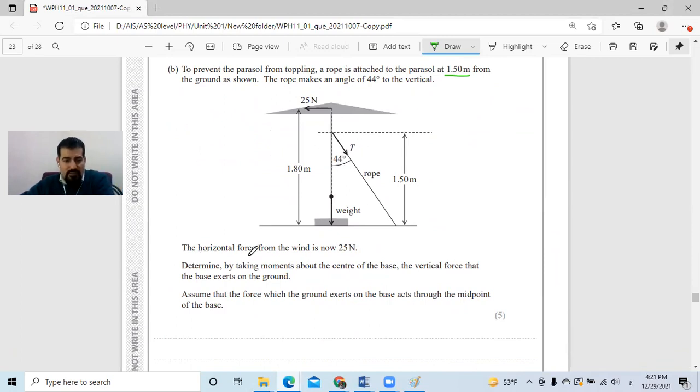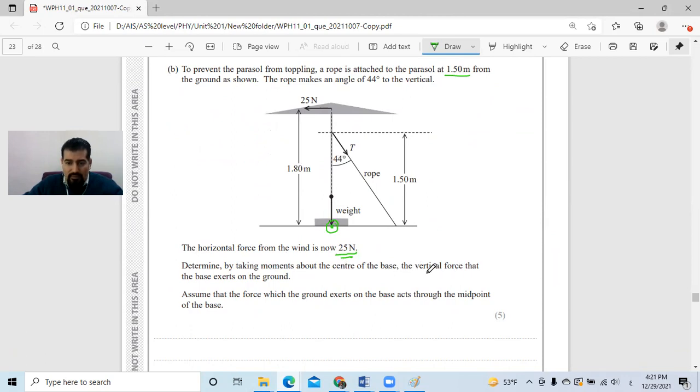The horizontal force from the wind is now 25 Newton, acting horizontally, 1.8 meter away. This is determined by taking the moment about the center of the base.